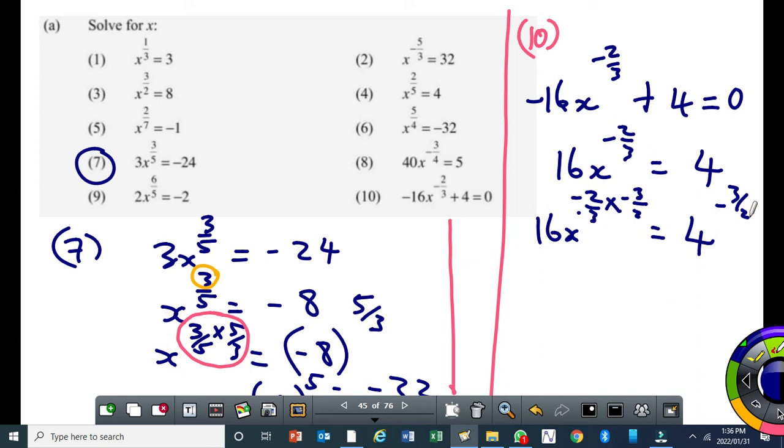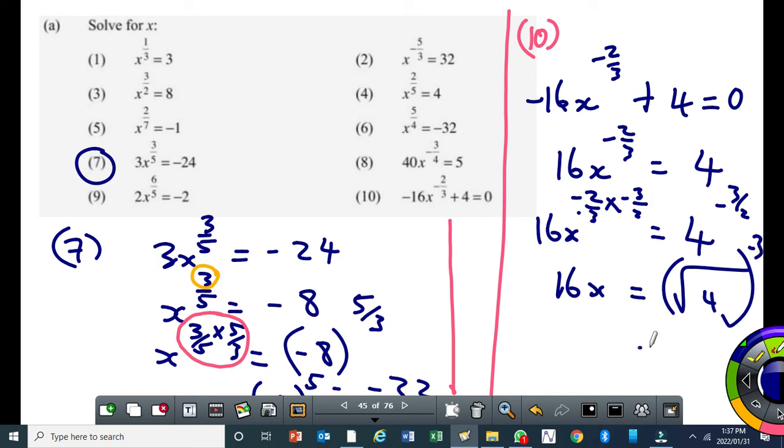Now, look here. Is it possible to simplify this? So you get 16x is equal to that. I can write this as the square root of 4, all raised to the power of minus 3. Right?